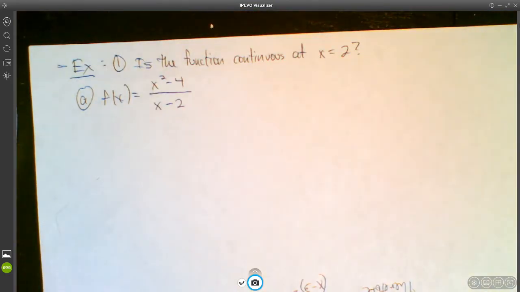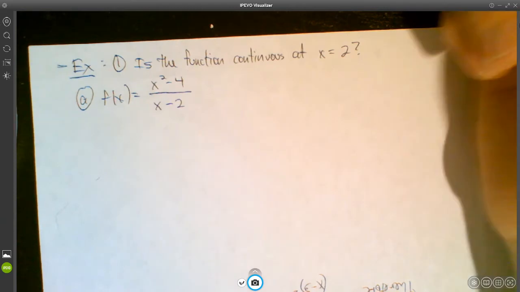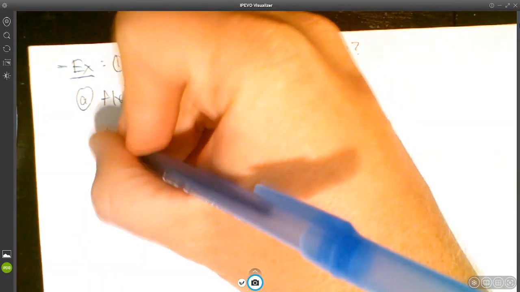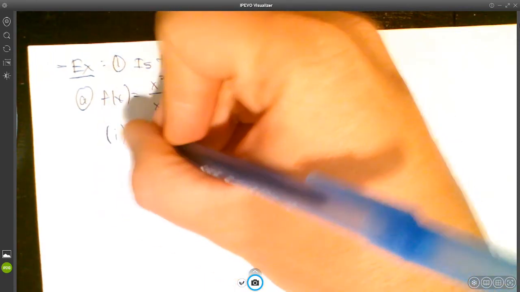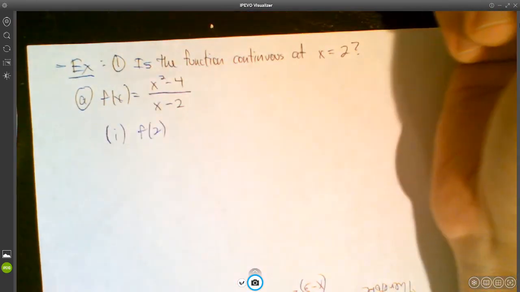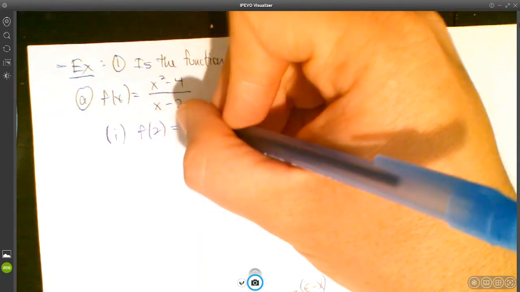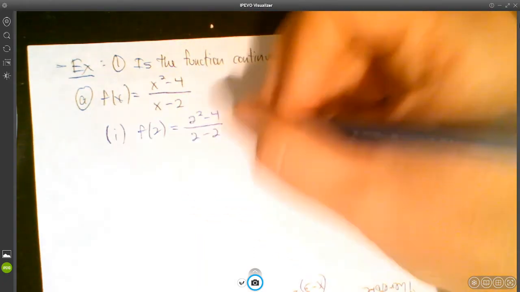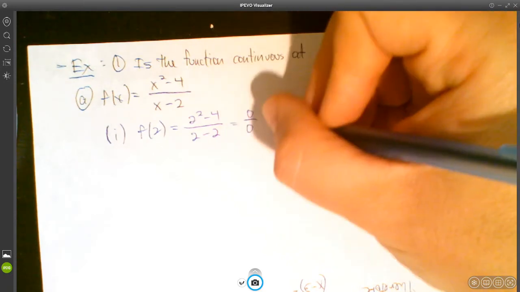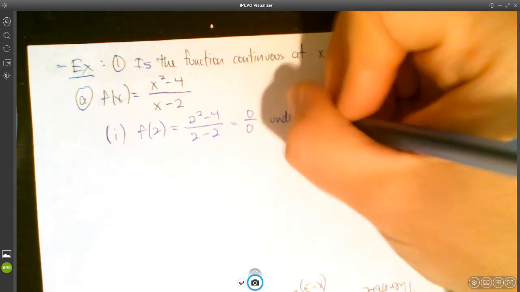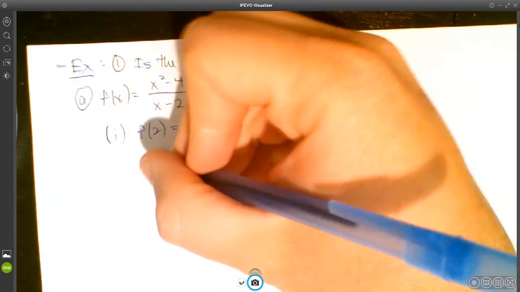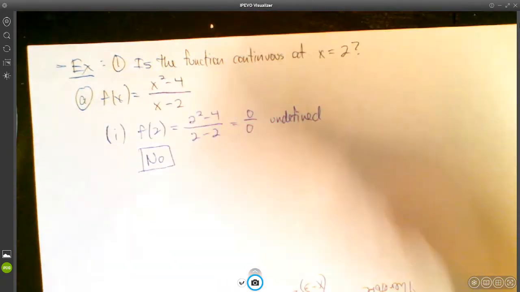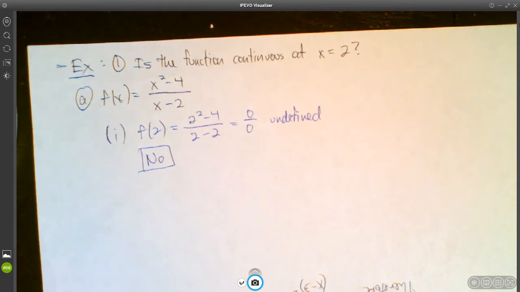So, is the function continuous at x equals 2? Well, the first thing we would want to do is see if f of 2 is defined. F of 2 in this case would be 2 squared minus 4 over 2 minus 2. That's 0 over 0, undefined. So no, right? We don't even need to check the other two conditions. We already know the answer to part A is no.